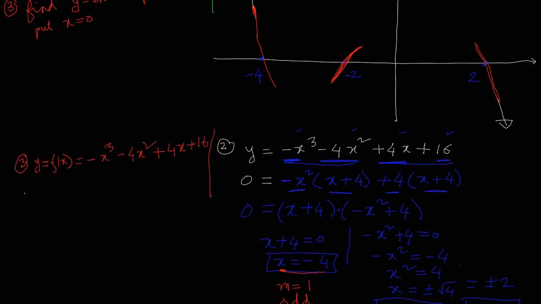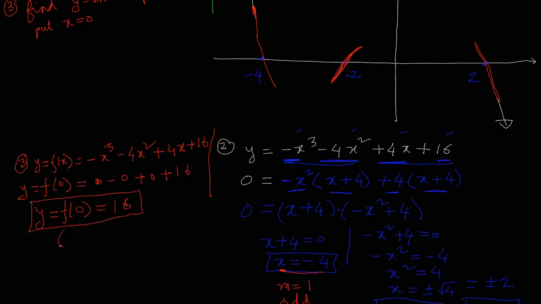Okay, so if I plug in x equal to 0, what is my y? y is function of 0, which equals 0 minus 0 plus 0 plus 16. So I got y equals function of 0 equal to 16. So my y-intercept is at x equal to 0, y equal to 16.